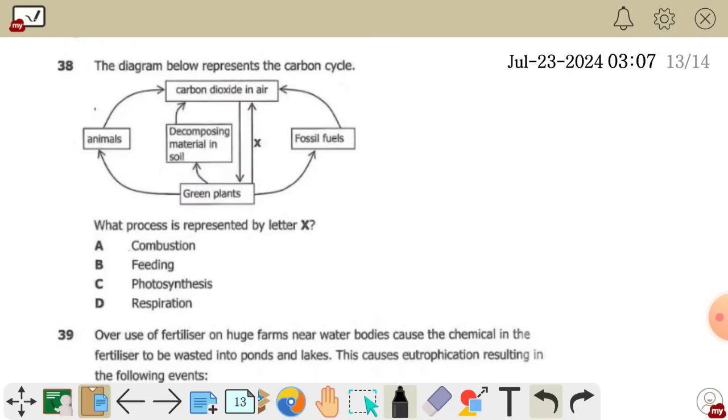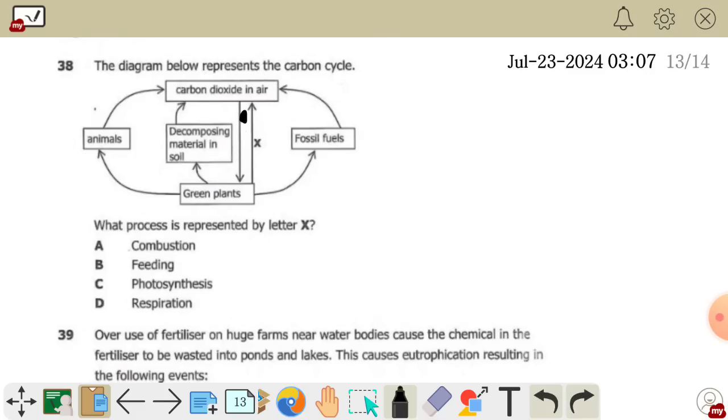Question 38. So question 38 reads, the diagram below represents the carbon cycle. What process is represented by letter X? So letter X there, we have plants here. They are producing carbon dioxide in the air.